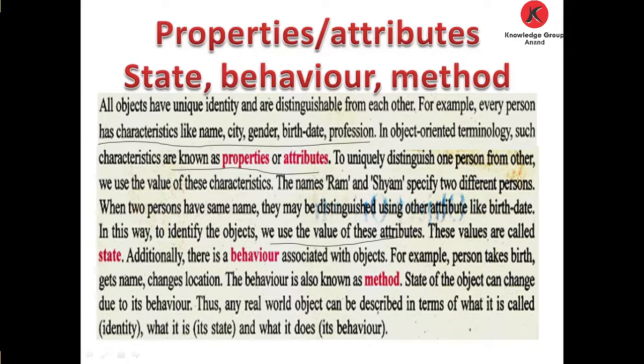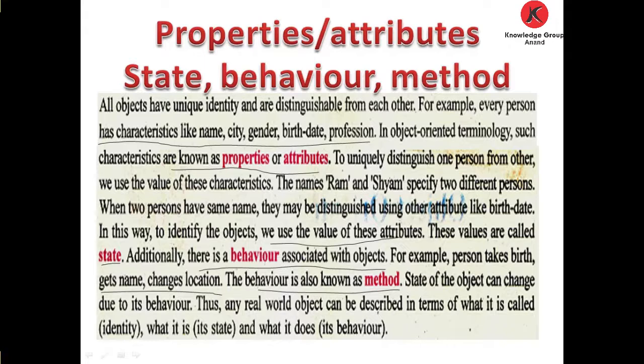These values are called state. Additionally, there is a behavior associated with the object. For example, a person takes birth, gets named, changes location. The behavior is also known as a method. The state of the object can change due to its behavior.